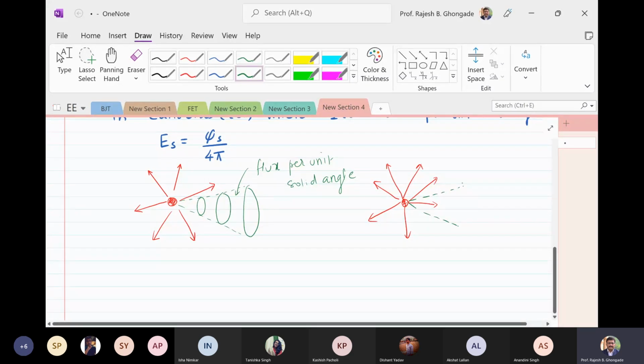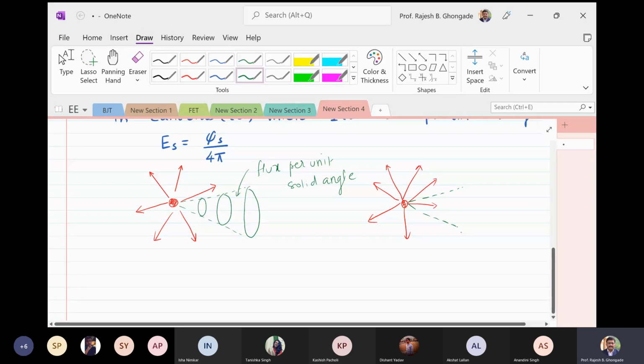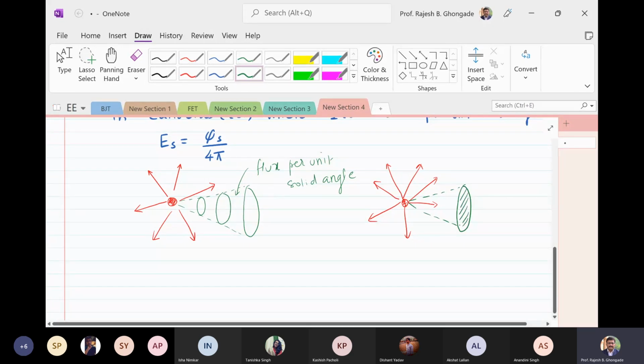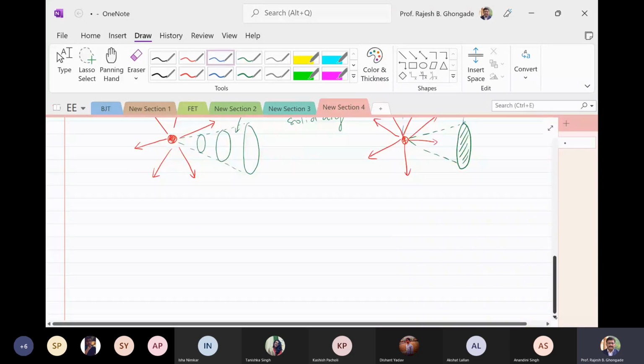If you look at the cross section of this thing, and the distance r. So this is the point source, and we have the flux per unit area at a certain distance r. This is how you define ES, the light intensity.